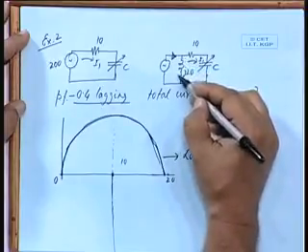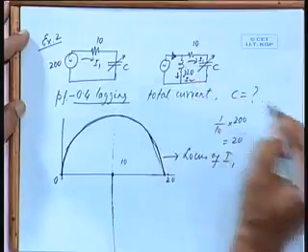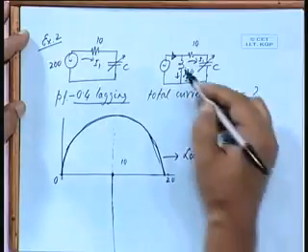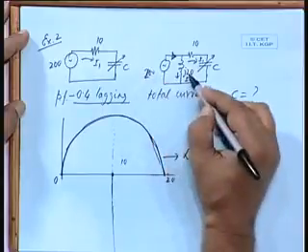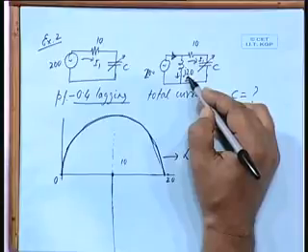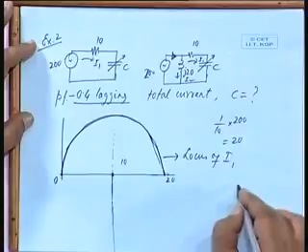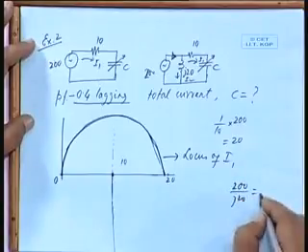What about this current I2? It is 200 volts divided by J20, it is a fixed current. So, 10 ampere, all right, 200 by J20, what will be the location?